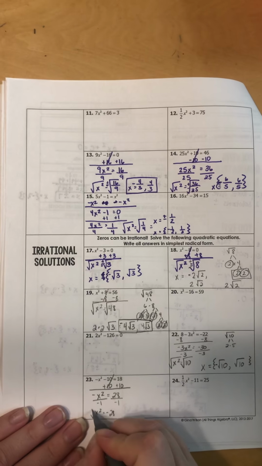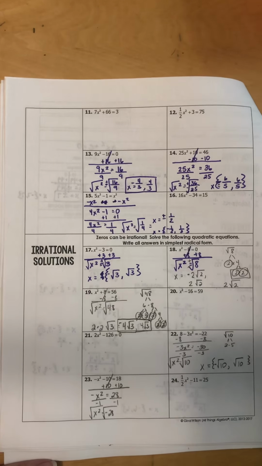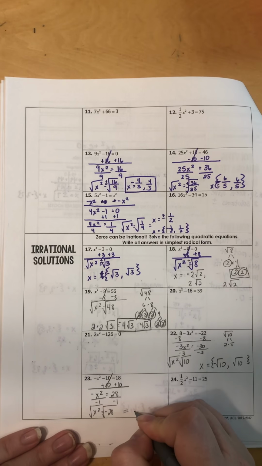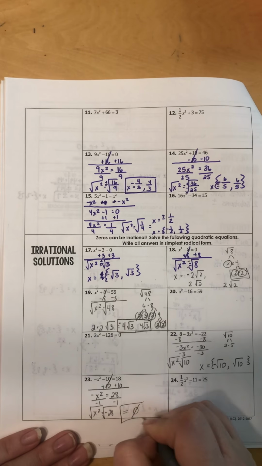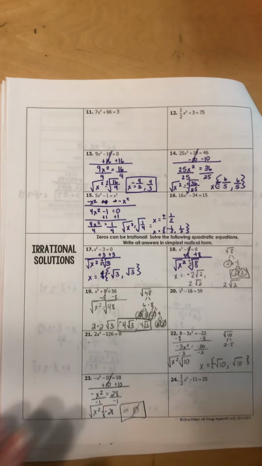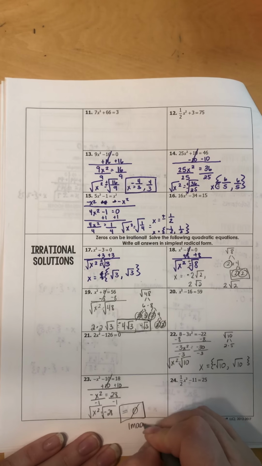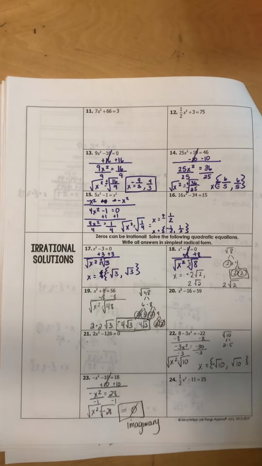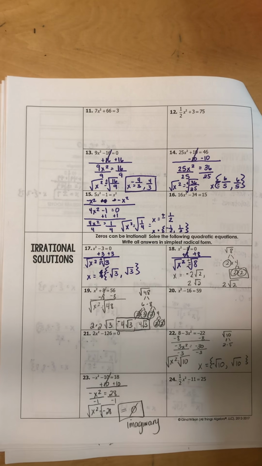Because I'm going to take the square root. So it's a square root of negative 28. And if you remember, we can't have that. It doesn't exist. It's imaginary. We haven't learned about imaginary numbers, but that's what it is. And that's pretty good for right now.